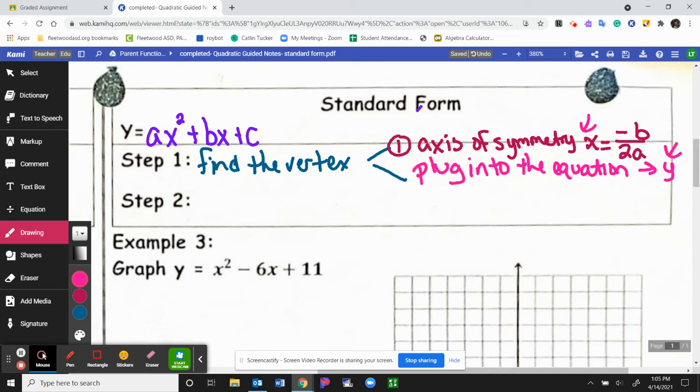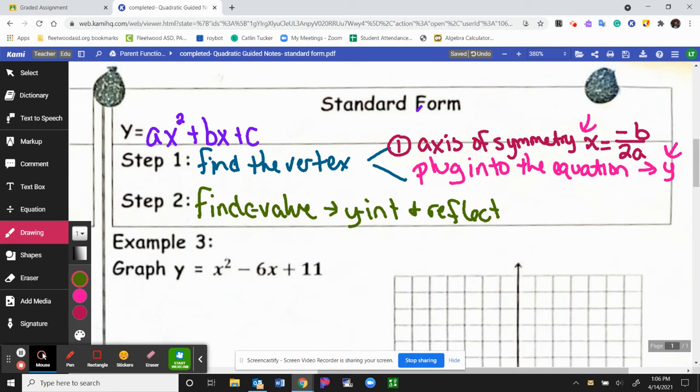Once I plug it back in, that will give me the y value. All right, the last part of this is to find the c value, which is your y-intercept, and reflect. Okay. So again, we're going to go through what that all means, but those are the basics for right now.